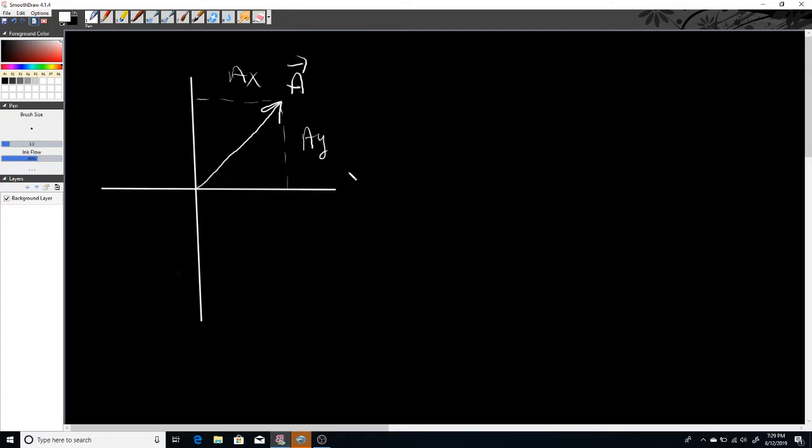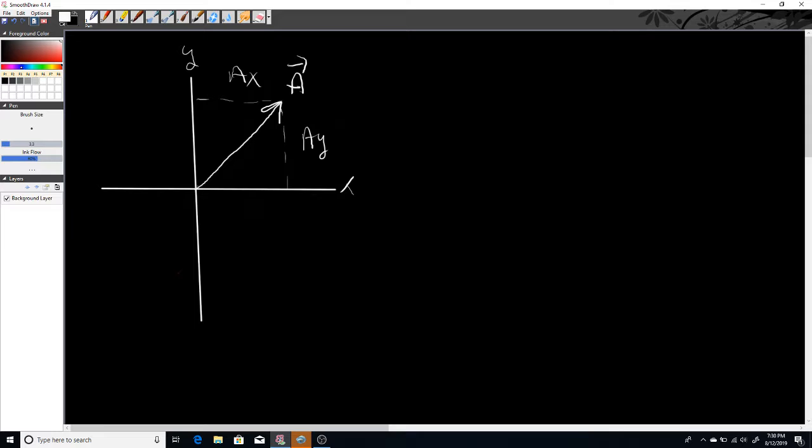In this case, we already know what the vector components are in this coordinate system. However, if we look at this very same vector in another coordinate system, the only difference being that the new coordinate system is slightly rotated, a slightly rotated version of this original coordinate system.